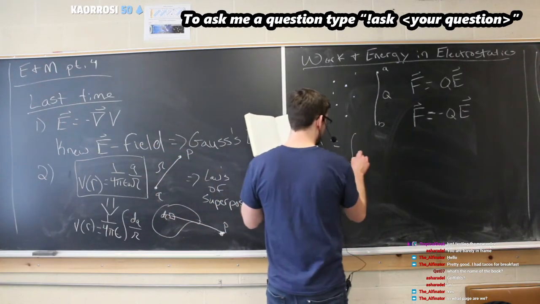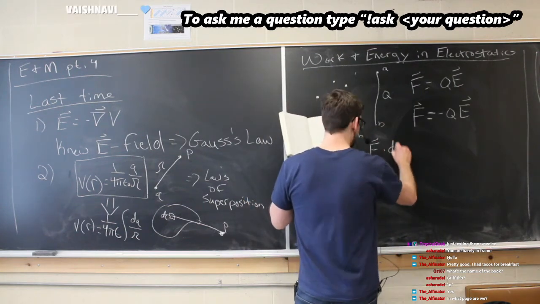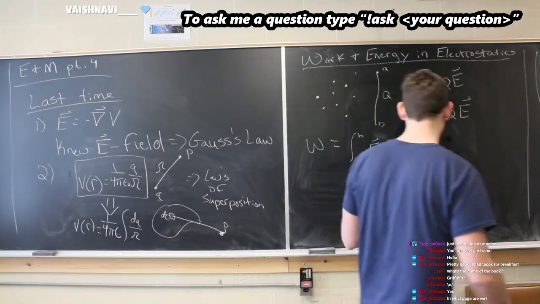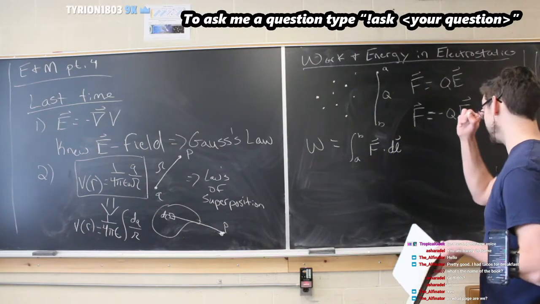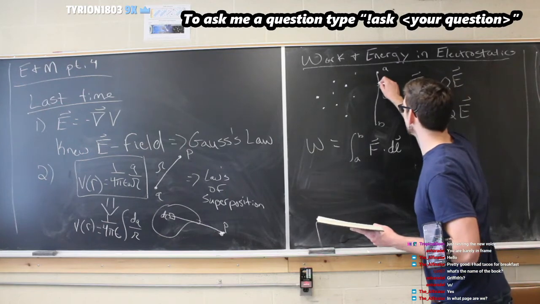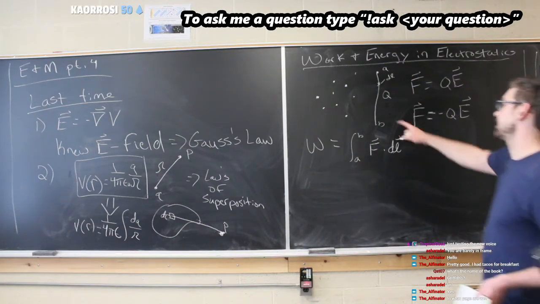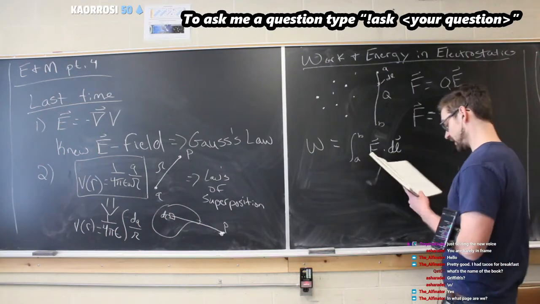Work is equal to the integral from A to B of the force dotted with dl, the infinitesimal line segment, which would be one little bit right here. Then we integrate that over the whole line, and that's how we get the work done.